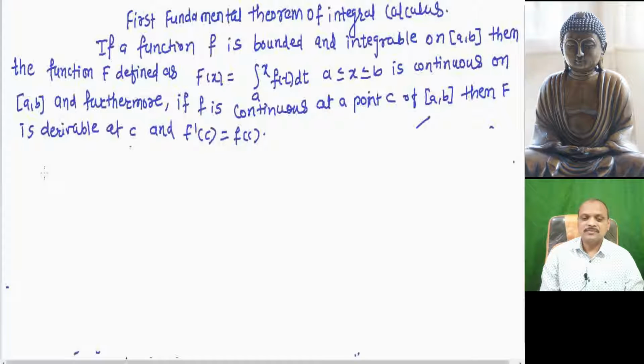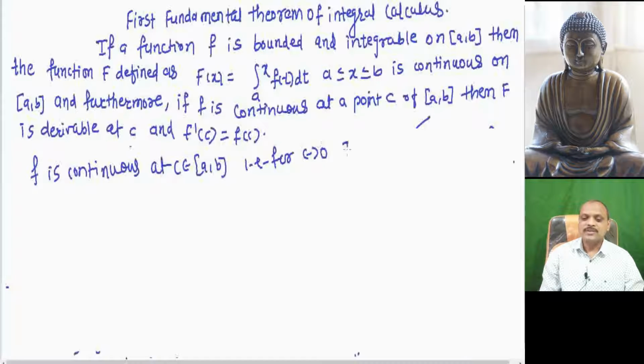The second part of this theorem: if f is continuous at a point c of the closed interval a comma b, so f is continuous at c, where c lies between a and b.